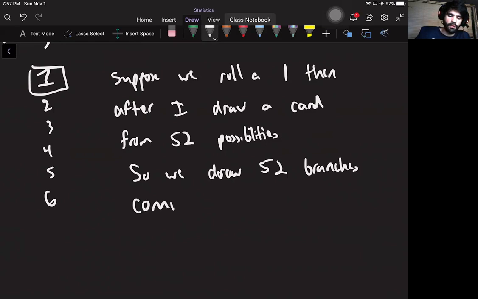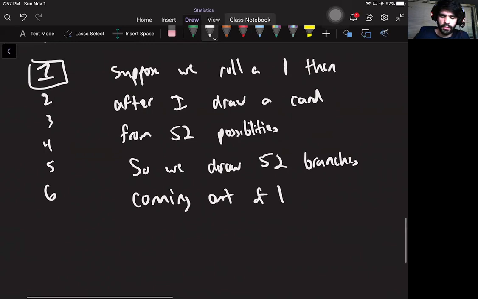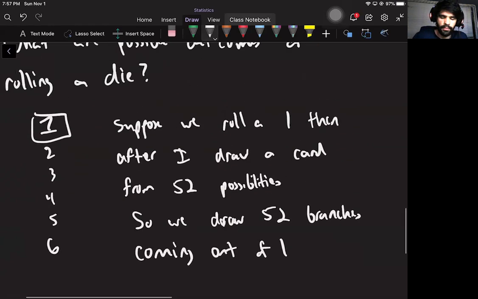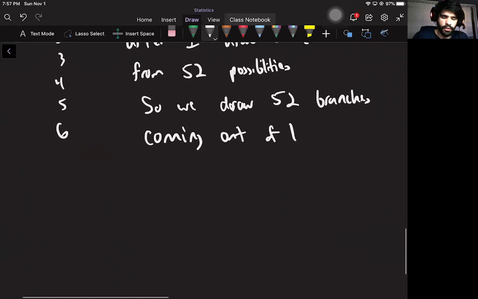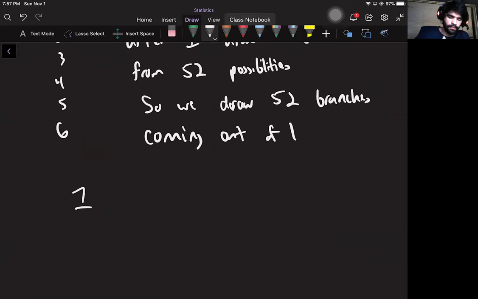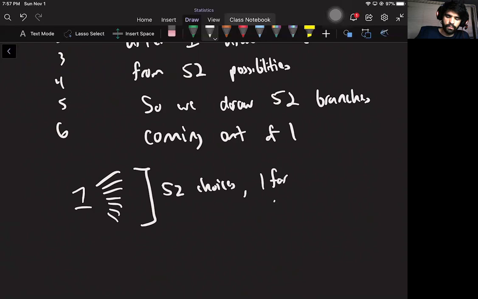And this tells us all the different outcomes that could happen if I rolled a 1 first. Of course, I'm not going to actually draw all 52 because it's too many, but I can get the idea across like that. The idea is that there are 52 choices, 1 for each card.